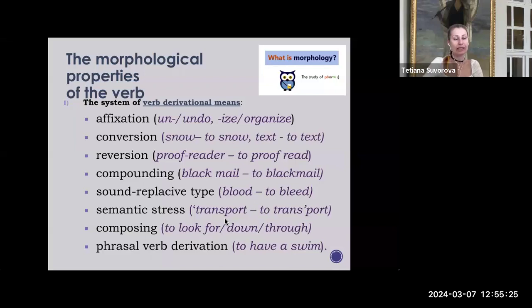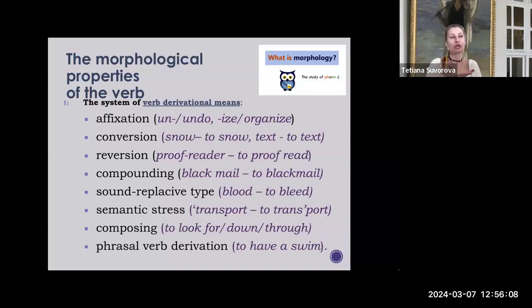Semantic stress: transport, to transport. That is what I mentioned, that we just leave the same stem, nothing changes in the formal characteristic. We add just the particle to, and then we use, of course, with this stem all the possible typical endings and suffixes of the verb. But in this case, we also add semantic stress, which in pronunciation is only noticeable, because in written speech it is the context that rules and gives you the possibility to figure out the meaning.